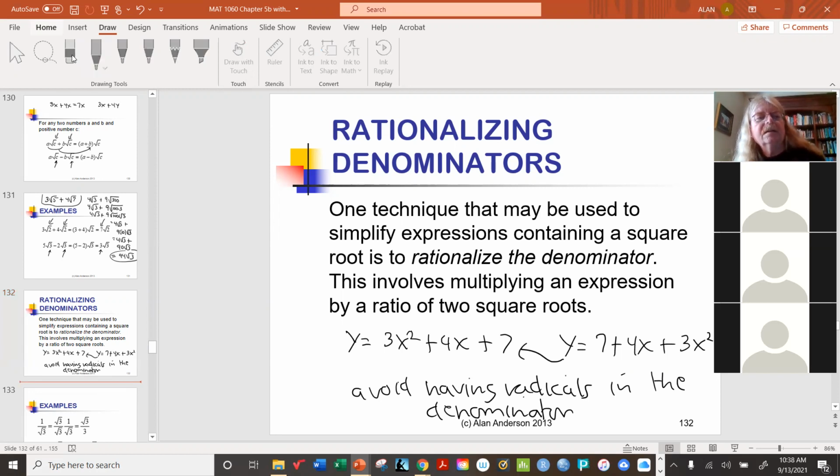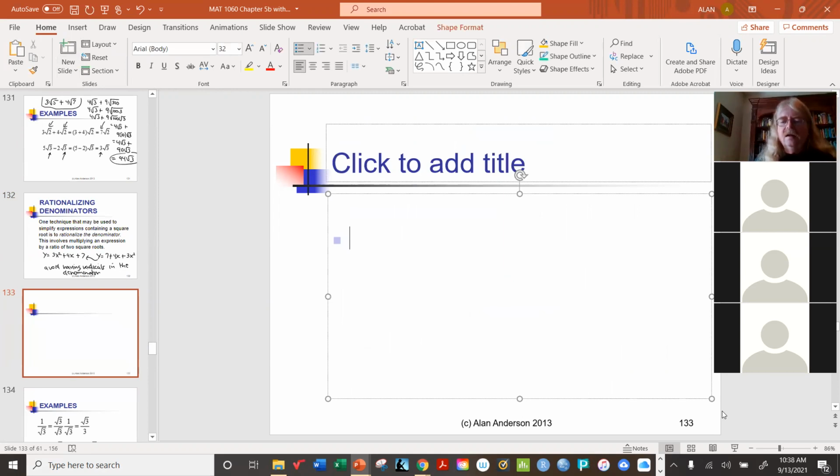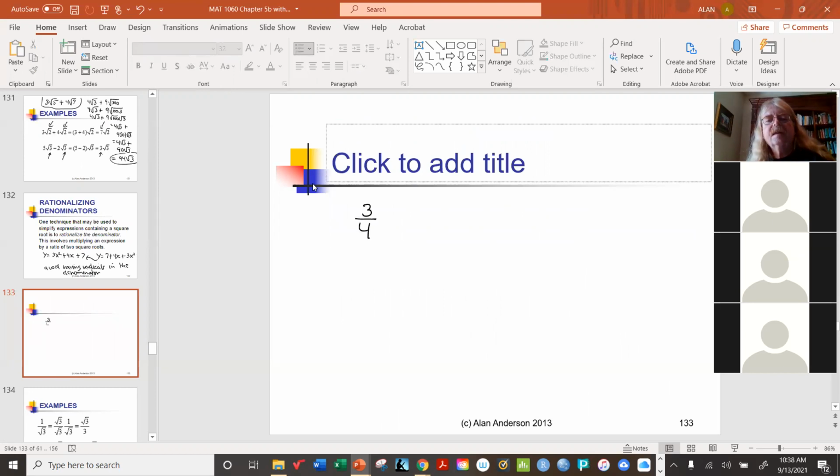You're all aware, and we'll just quickly review this, that remember way back when you tried to combine fractions. Let's say you had something like this going on. Now, would you leave it like that? No. The technique that you would want to follow is to find a common denominator for each of these two terms.